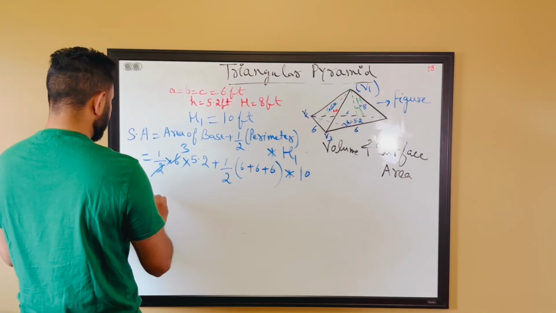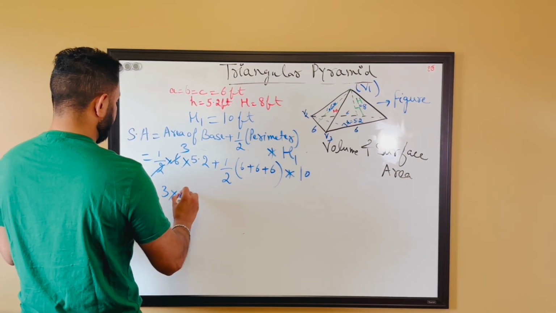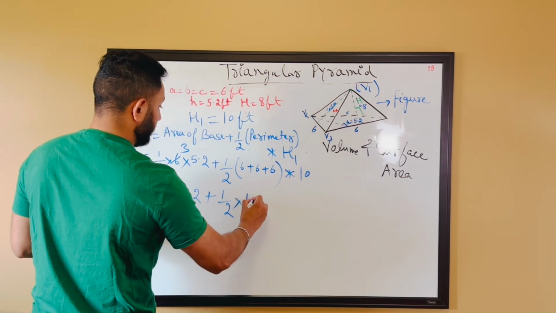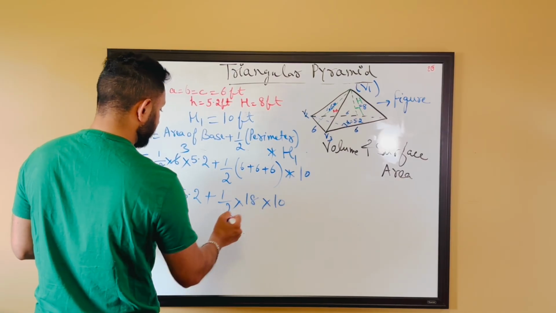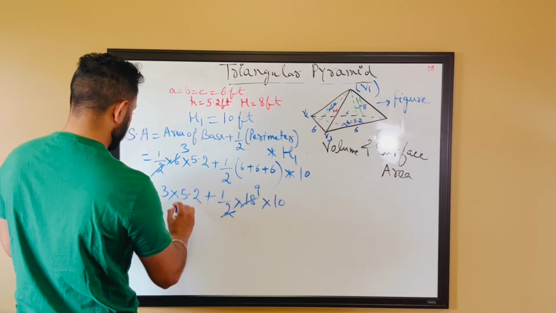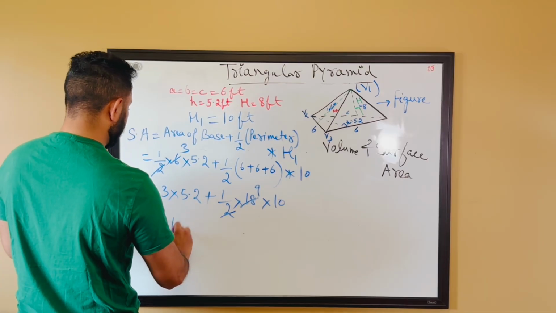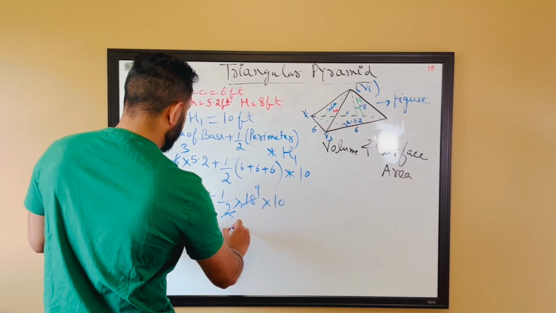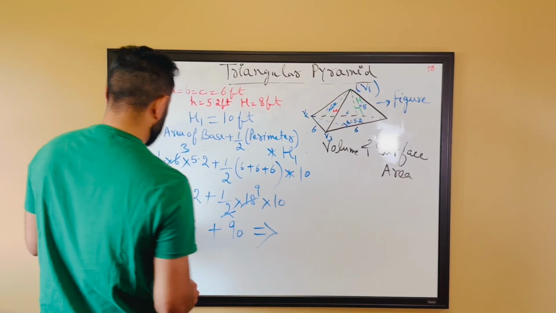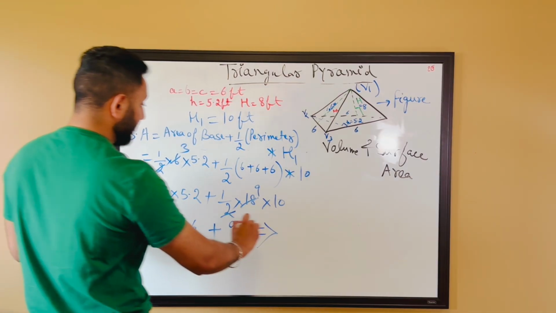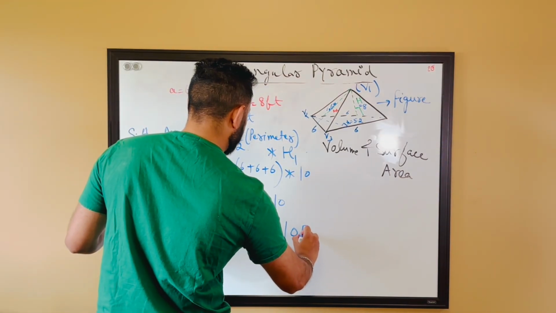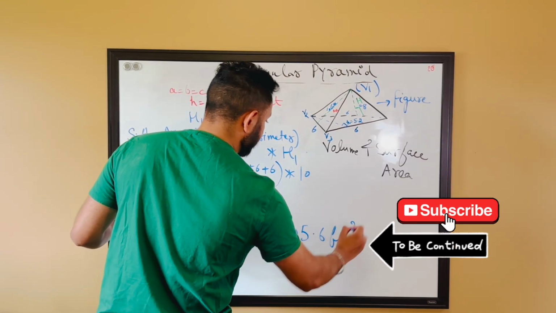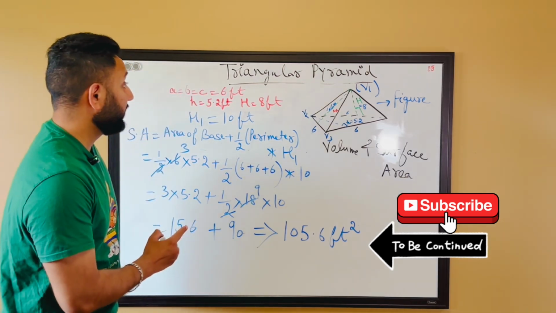So 3 into 5.2 plus half into 18 into 10. So 3 into 5.2, 15.6, plus 9 into 10, 90. So 15.6 plus 90 comes out to be 105.6 feet square. So this is the surface area of this figure.